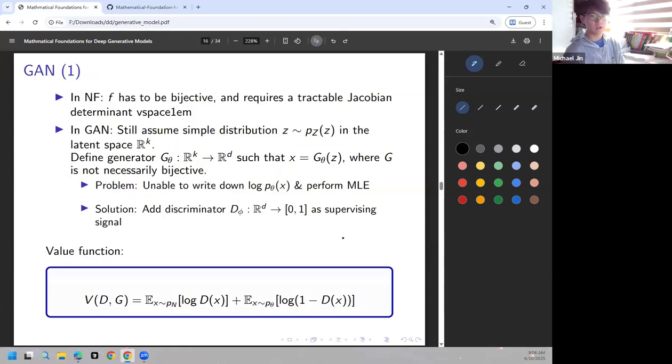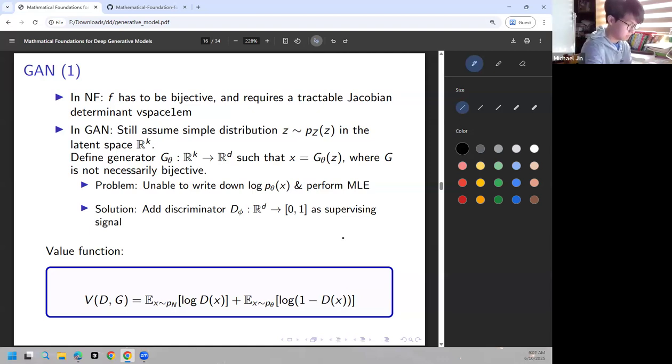There is another model that is very similar to it, which is the generative adversarial network, the GAN model. In normalizing flow, f has to be bijective and it requires a tractable Jacobian determinant.